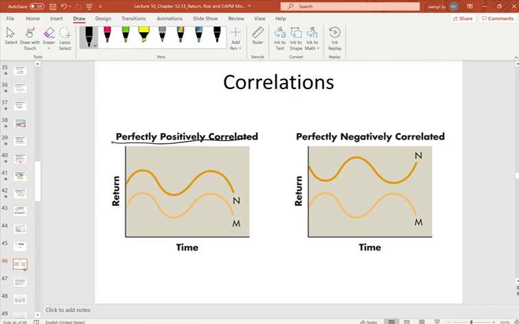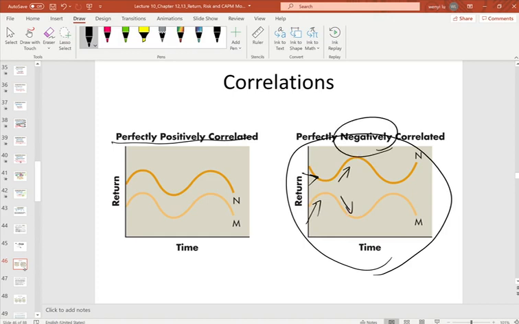For the N and M on the right-hand side chart, every time N moves down, M moves up, and every time N moves up, M moves down. So they are perfectly negatively correlated.